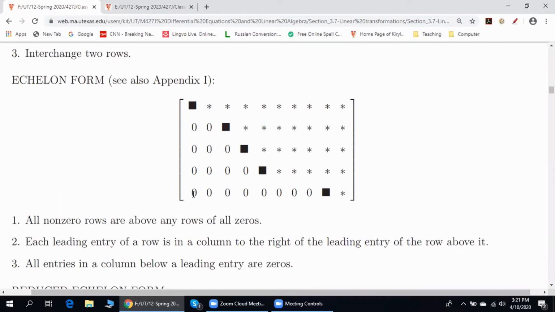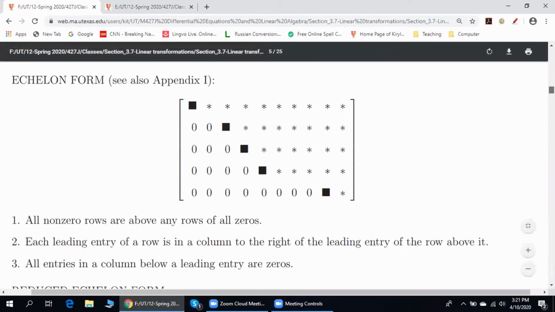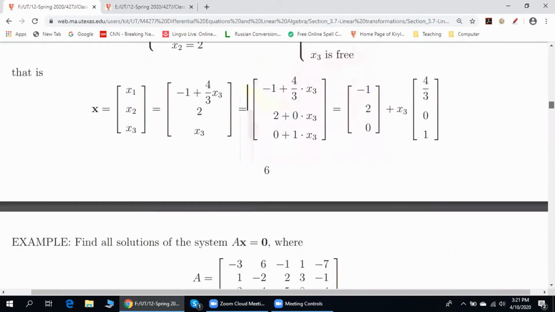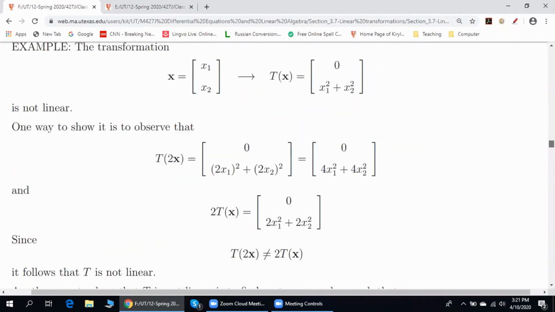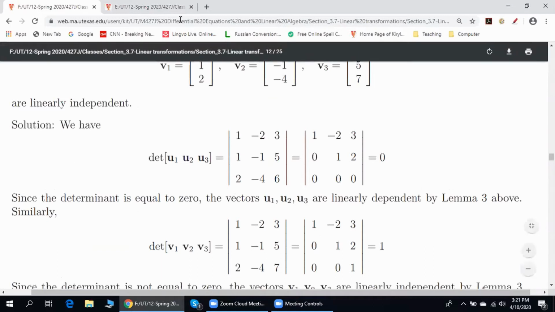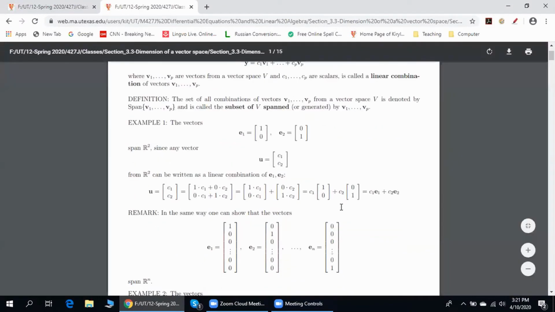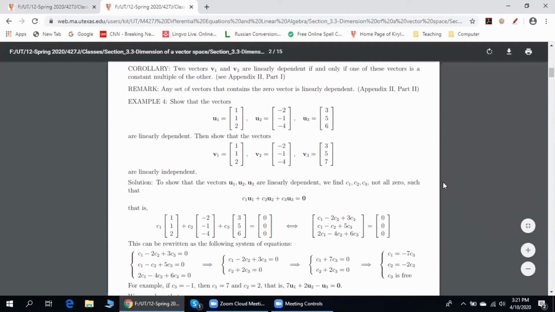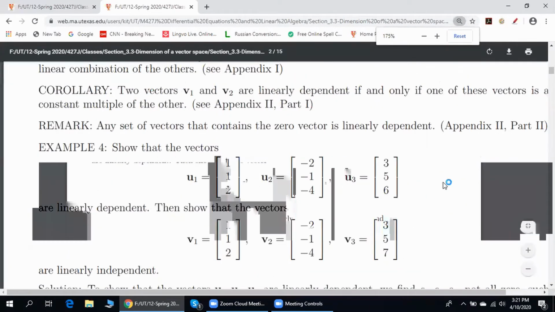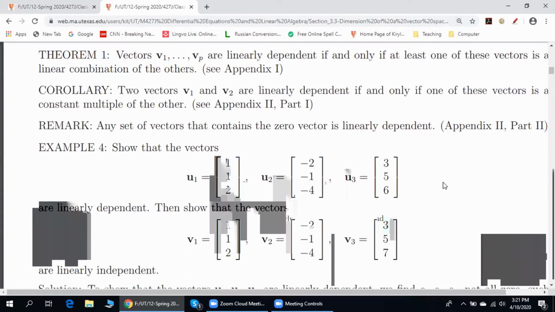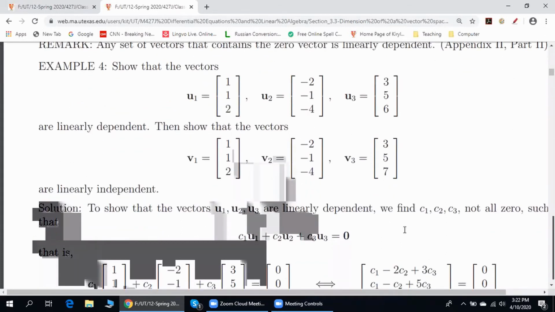Now, before we jump into systems, let me show you one really powerful application of pivots. So please take a look. Let us go back to section 3.3. In section 3.3, we realized that it takes quite some time to determine whether or not vectors are dependent or independent.